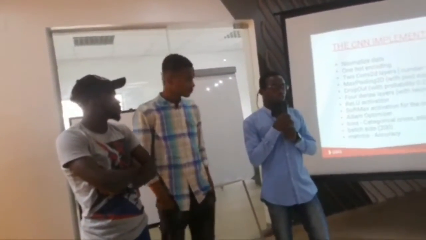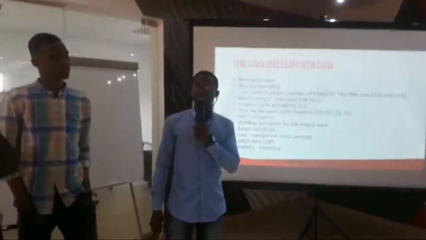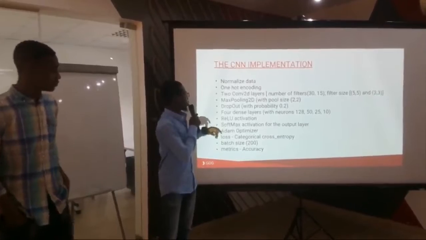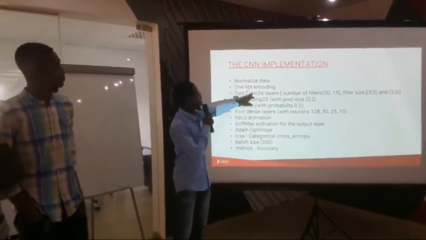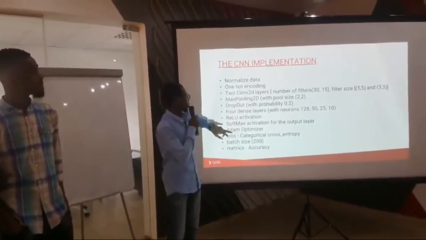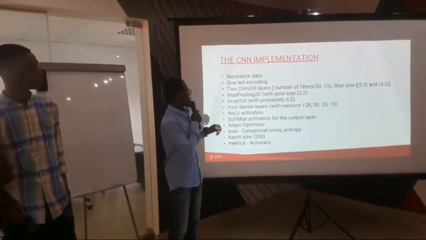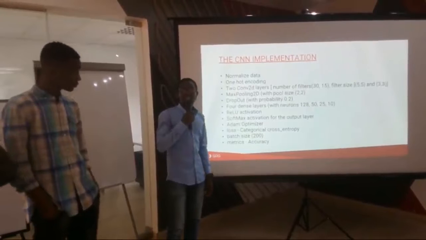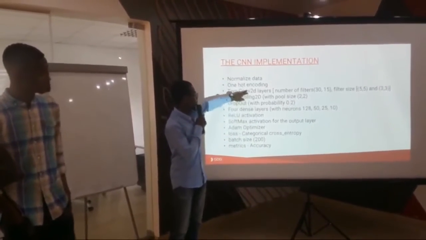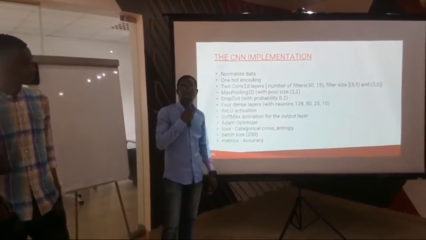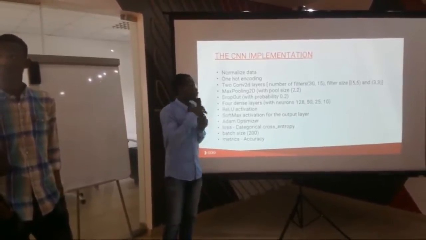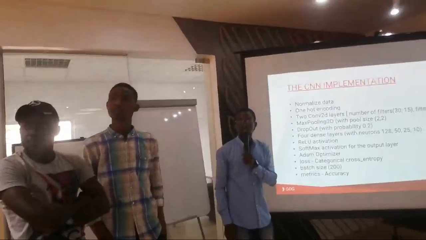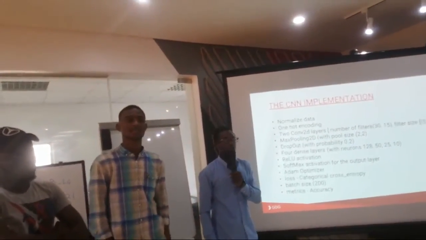Actually, when you are using Keras, you can call the Conv2D layers and then call the dense layers. Before that, you flatten, then you pass it to the dense layers. Okay, any other question?